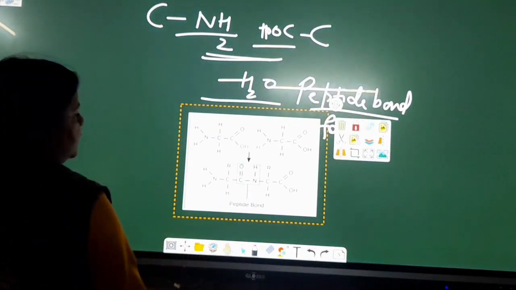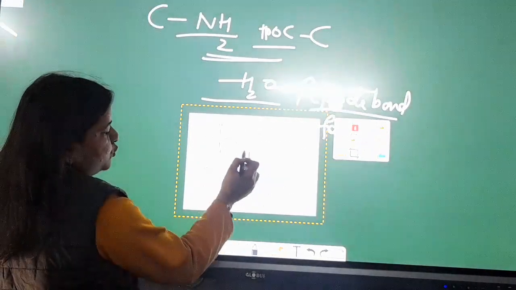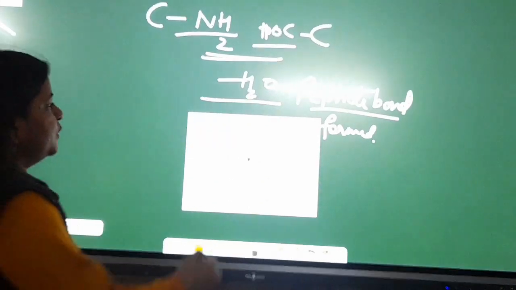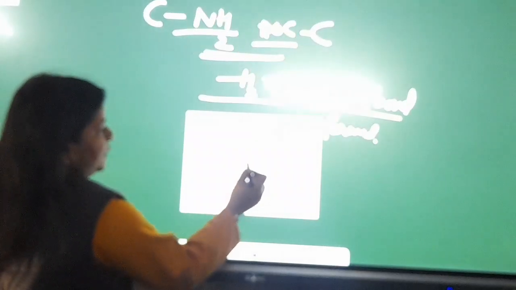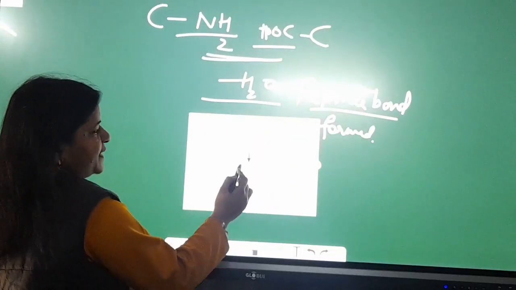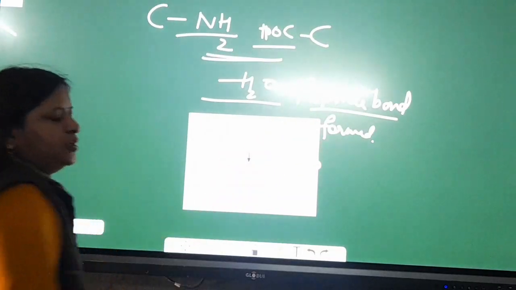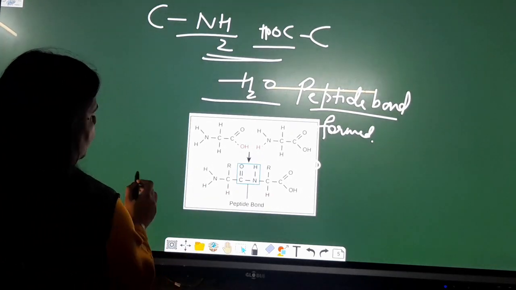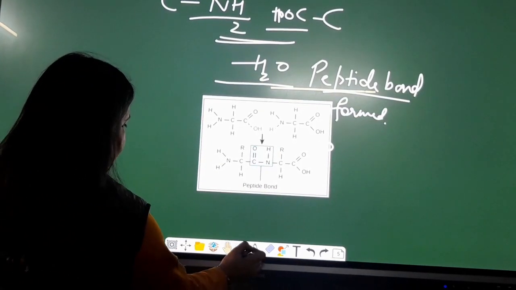You can see here the peptide bond is formed by removing hydroxyl group from one and hydrogen from the amino group of the two different amino acids. और पानी माइनस हो जाएगा और यहाँ से हमारे पास पेप्टाइड बॉन्ड बन जाएगा जिसमें CO और NH रह जाता है. This is called peptide bond. Now, in this way, proteins are formed.